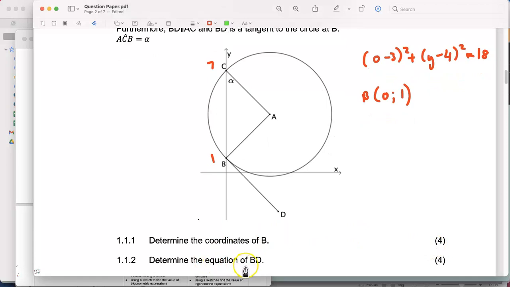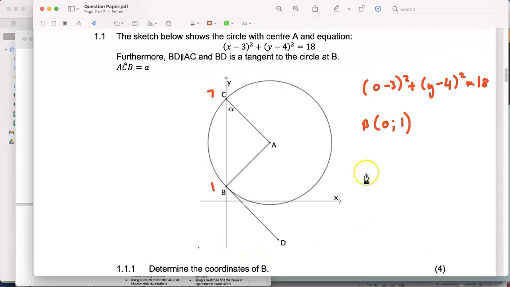Now determine the equation of BD. What is BD? BD is the equation of a tangent line to a circle. Now that's exactly what I said, what we should be able to do, find the equation of tangent lines.